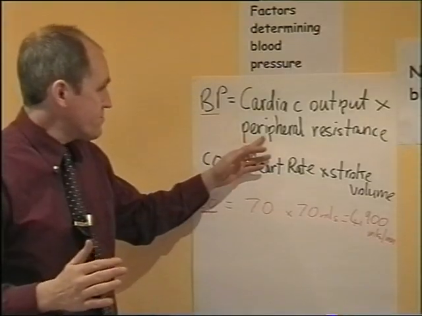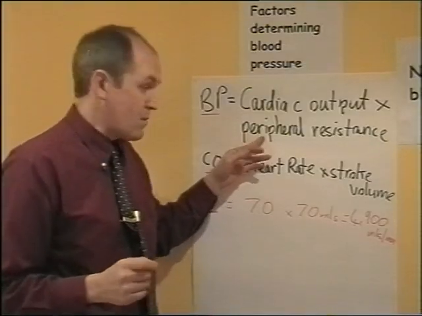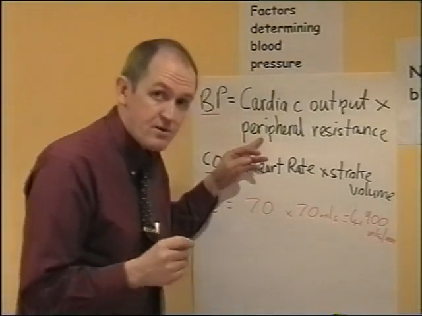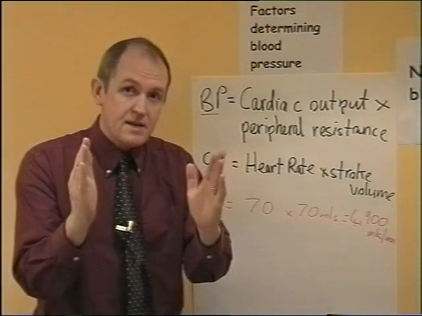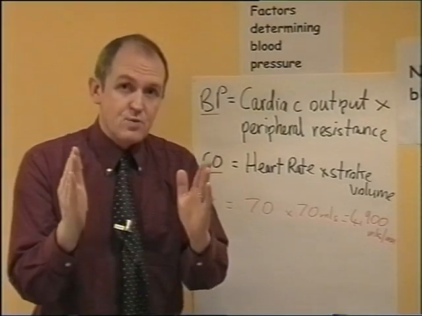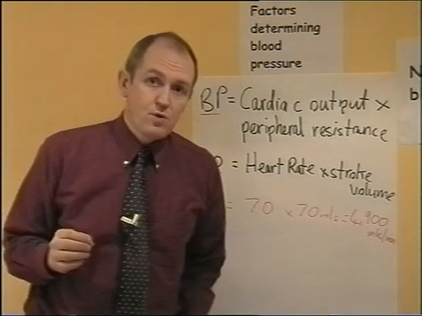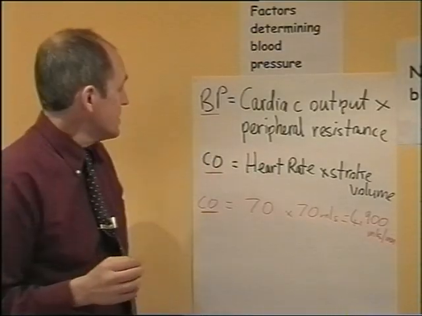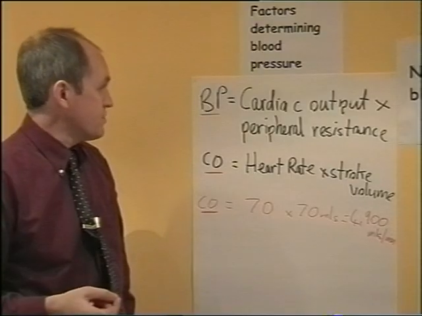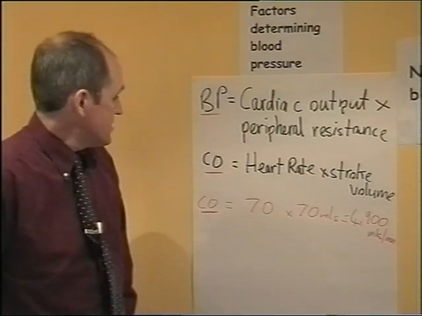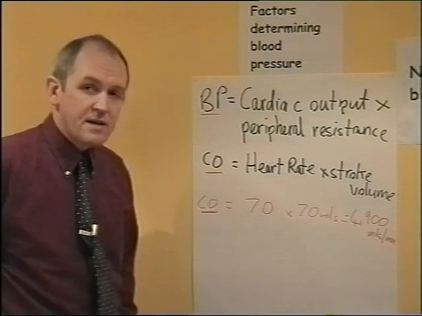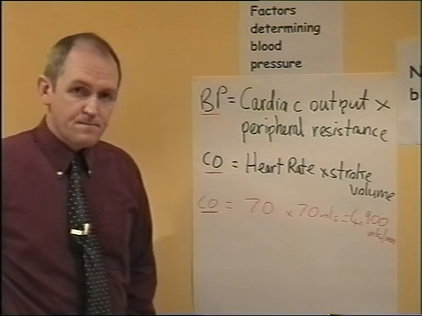However, if the peripheral arterial system, and we're primarily talking about the arterioles here, if the arterioles dilate, get wider, then the peripheral resistance will fall and the blood pressure will also fall. So blood pressure is equal to cardiac output times peripheral resistance, and cardiac output is itself determined by heart rate times stroke volume.